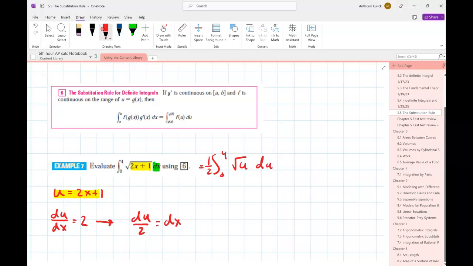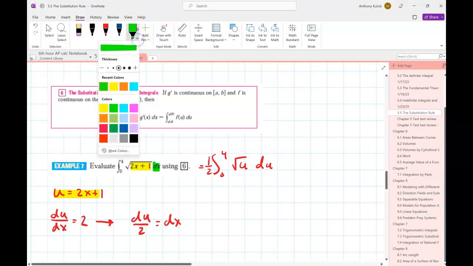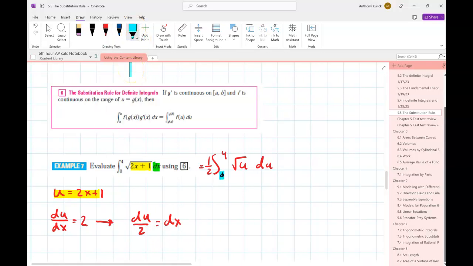Now what I've written is technically not correct. What's wrong with this? The bounds for my integral are with respect to x. I now have a u. Where's the 1/2 come from? The du over 2. I just put it out front.